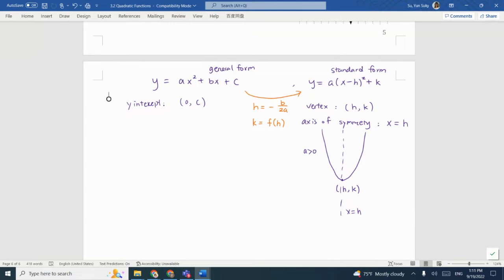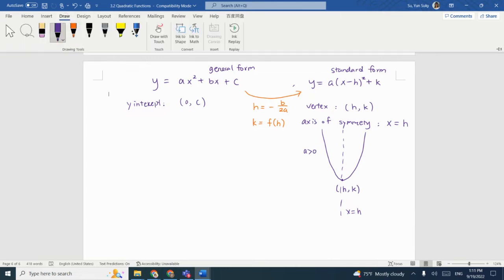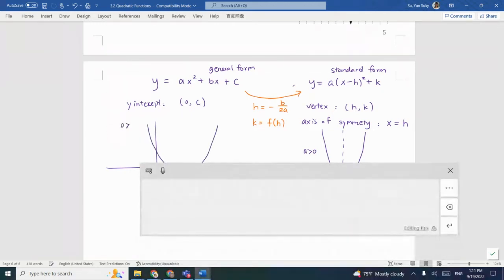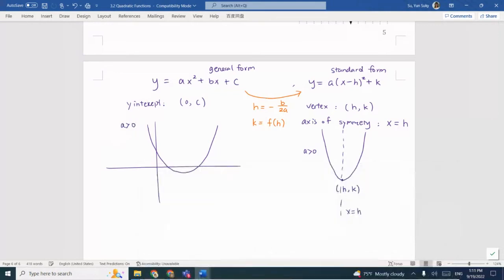Okay. And then, so if our picture is like this, if the parabola opens up, so if a is greater than 0, okay, then this is the y-intercept. This is the c. And how do we find the x-intercept? Okay, so c is the y-intercept.